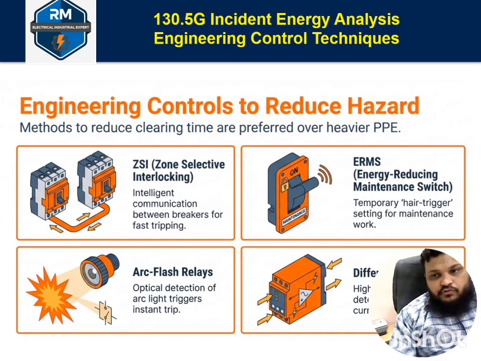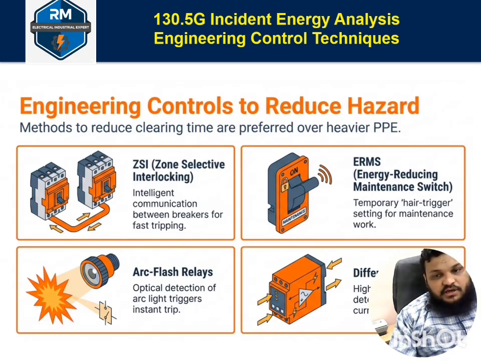It reduces the tripping time or the fault clearing time during the maintenance mode. So there is a significant reduction in the incident energy from the normal operation mode to the maintenance mode. So the employee will be safe and there will be no significant harm to the employee during an arc flash hazard.